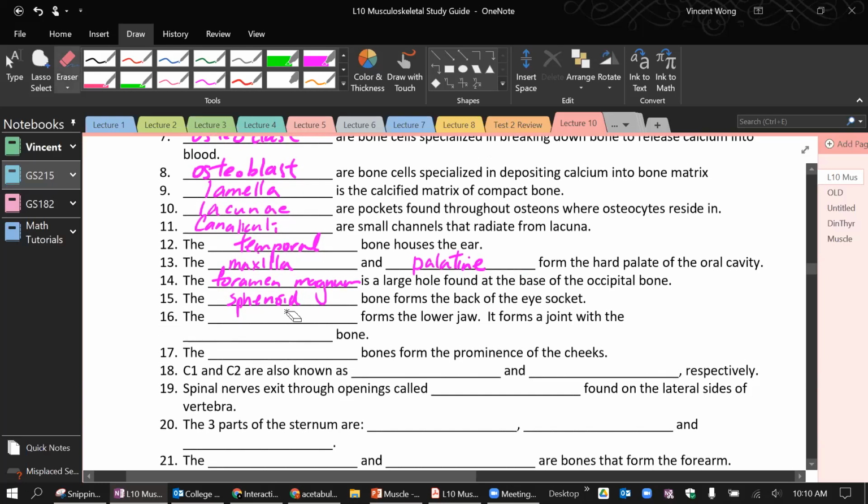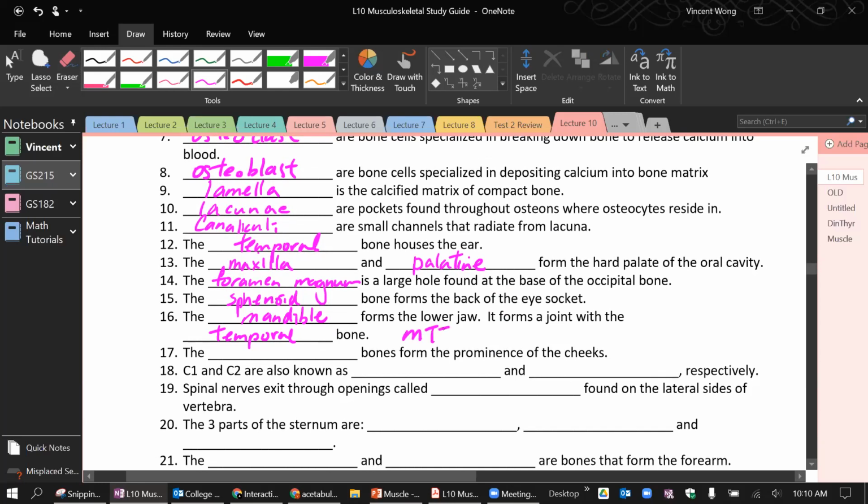The only movable bone in the head is the one that forms your lower jaw. It is the mandible. It forms a joint with the temporal bone. There is something called the mandibular temporal joint, right?